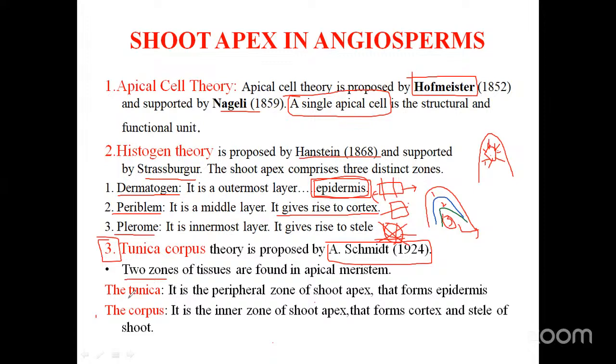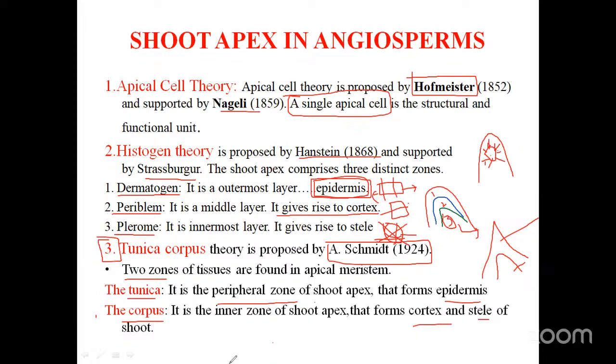One is tunica, another is corpus. The tunica is the peripheral, outer zone of the shoot apex and forms the epidermis. The corpus is the inner zone of the apex that forms the cortex and stele of the shoot, both internal parts of the plant.